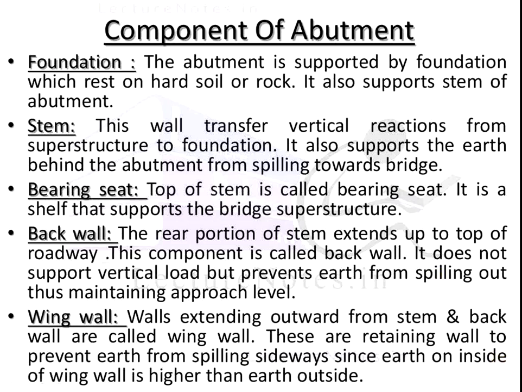The first component is the foundation. The abutment is supported by the foundation, which rests on hard soil or rock. It also supports the stem of the abutment. Next is the stem.